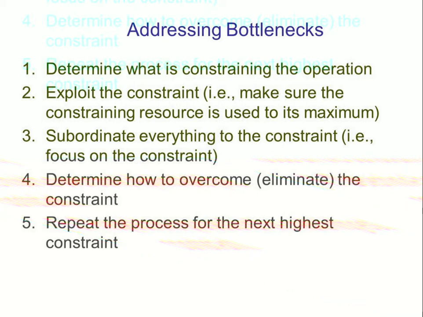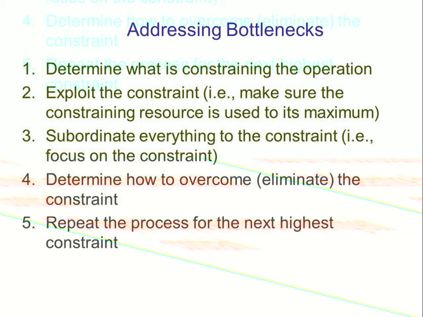Then you balance everything else to match that constraint. You don't bother increasing the capacity anywhere else, because you know that regardless of how much anything else can handle, the bottleneck will be the determinant.